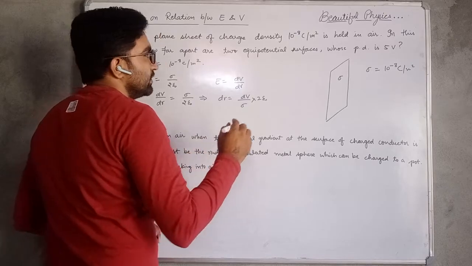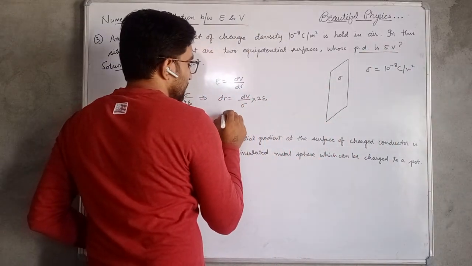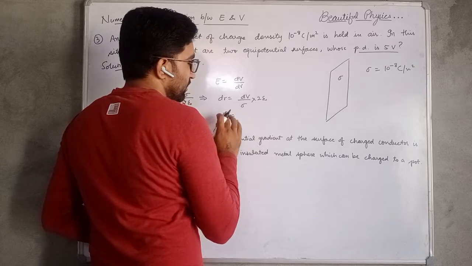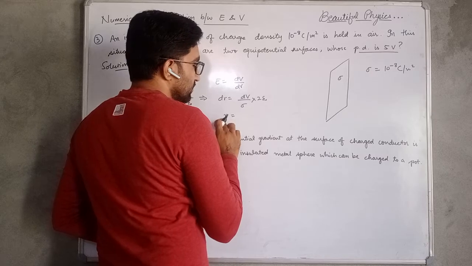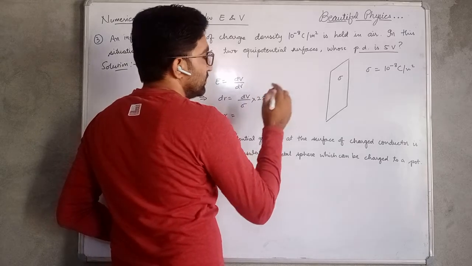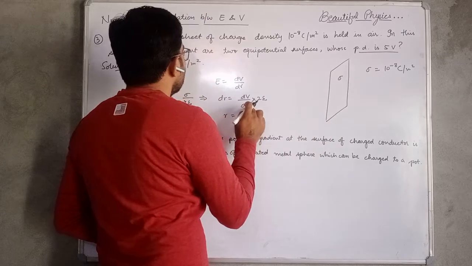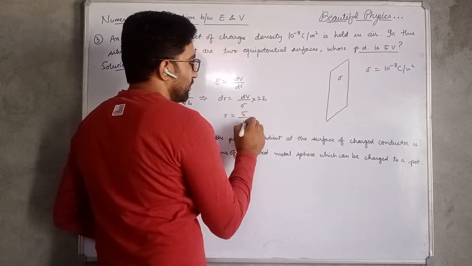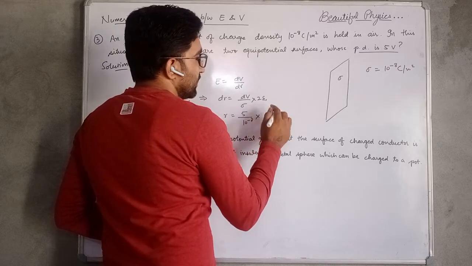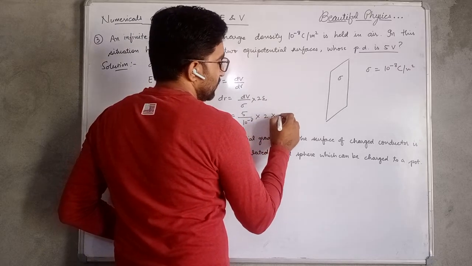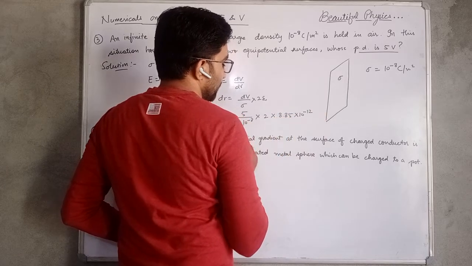Here the potential difference is 5 volt. So in place of dr we can also put r, and dV will be equal to V. It is equal to 5 volts divided by sigma, 10 raised to power minus 8 coulomb per meter square, into 2 times epsilon naught, and the value of epsilon naught is 8.85 into 10 raised to power minus 12.